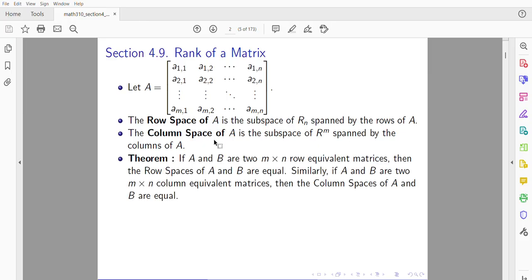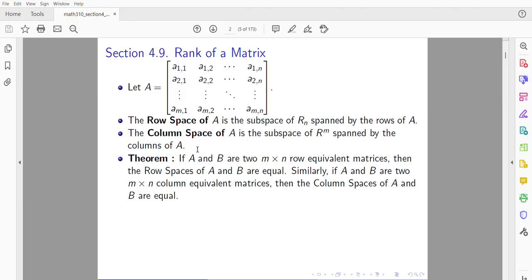Theorem. If A and B are two m by n row equivalent matrices, then the row spaces of A and B are equal. Similarly, if A and B are two m by n column equivalent matrices, then the column spaces of A and B are equal. Recall the meaning of row equivalent matrices: one matrix is obtained from the other using elementary row operations.